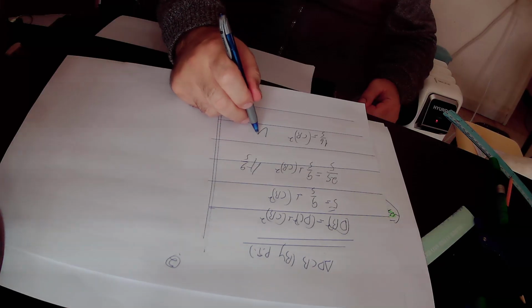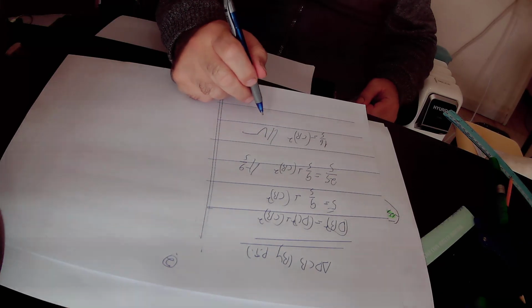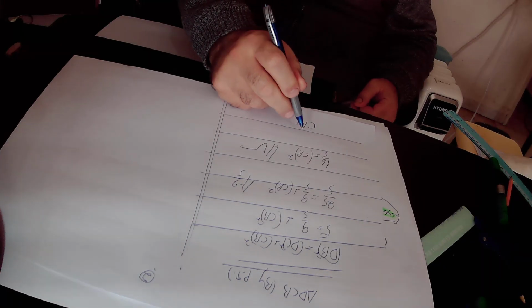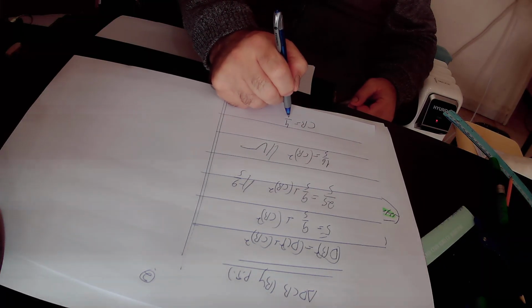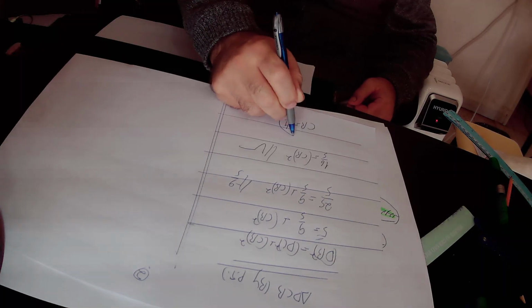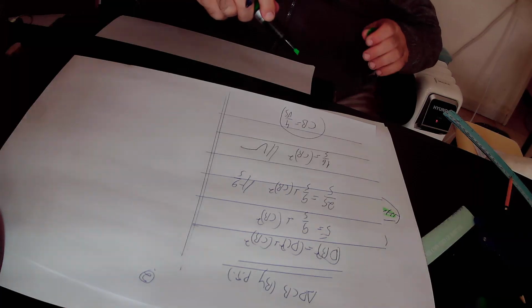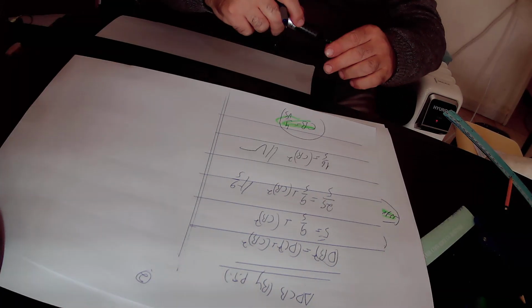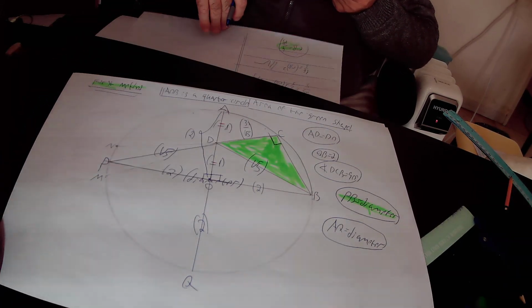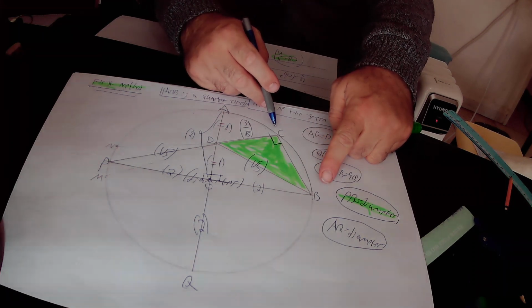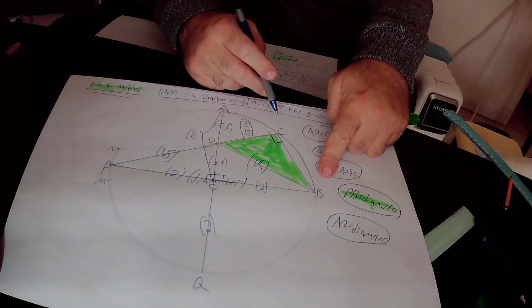Here we take the square root, and finally get that the missing side CB is equal to the square root of 16, that is 4, over square root of 5 units in length. This is the missing side CB, equal to 4 over square root of 5 units in length.